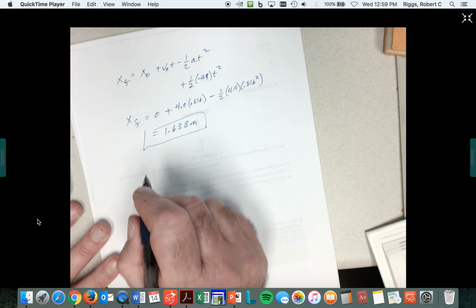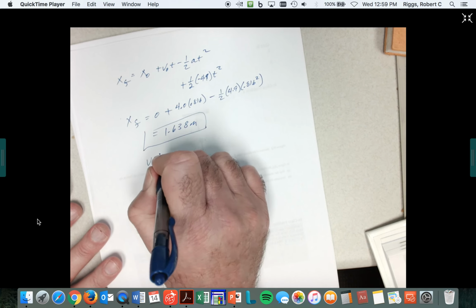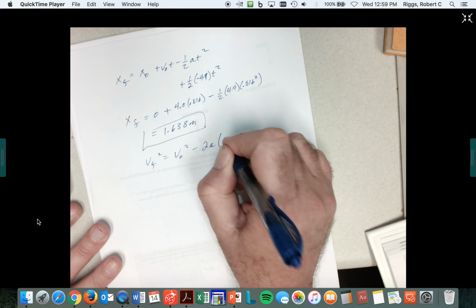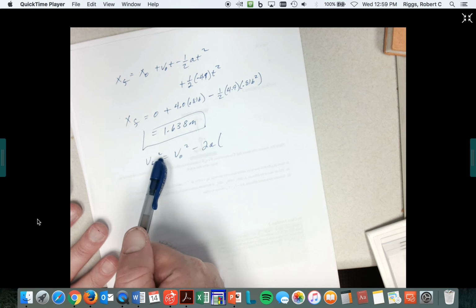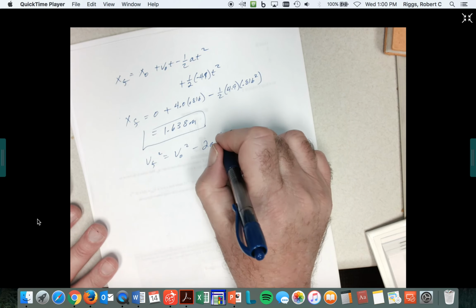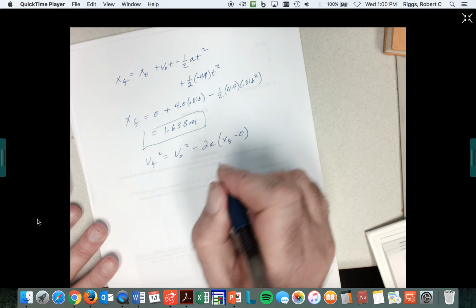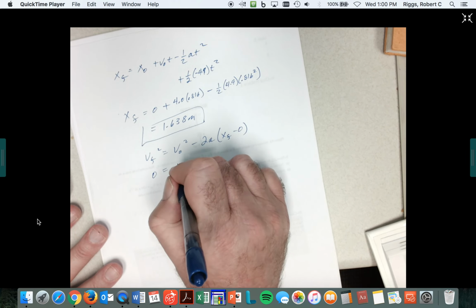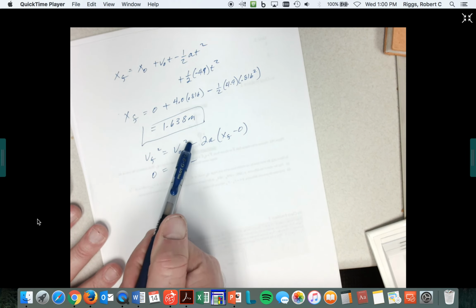And they solved it this way. They said v final squared equals v naught squared minus 2a times x final minus 0. I don't like this equation because it's not doing physics. It's just an algebraic trick. It takes away the vector direction of everything. So I've got 0 is equal to 16. This is where I screwed up before. I squared that again.